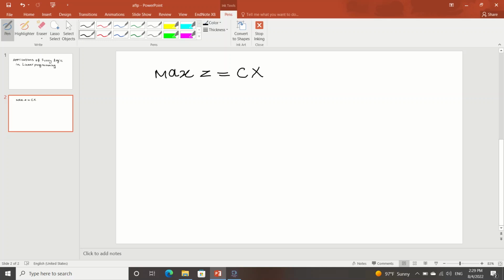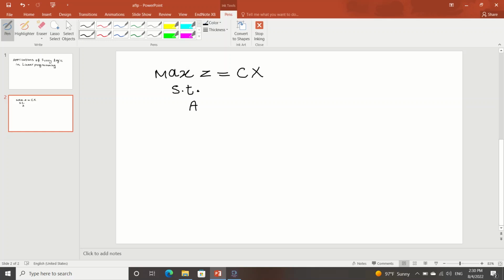This maximum z equals cx subjected to many equations or inequalities, mathematical formulations. In this section, we call these inequalities or equations constraints.